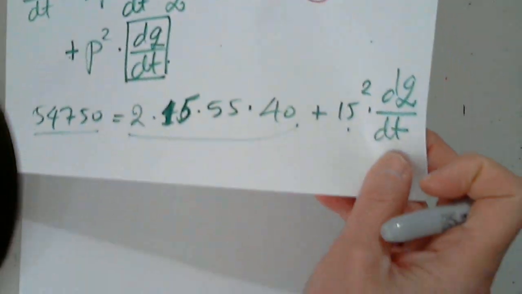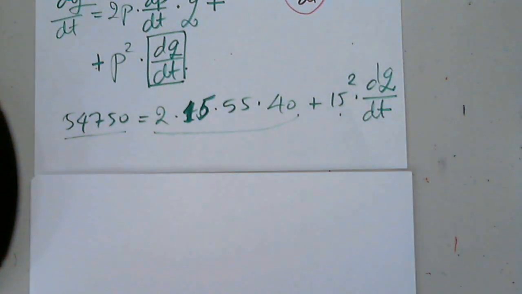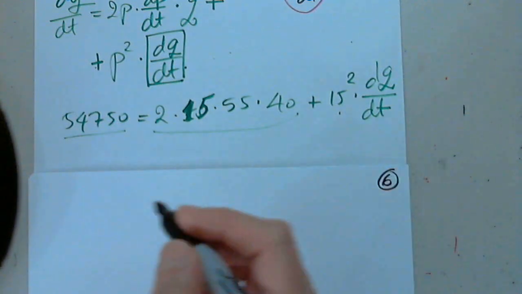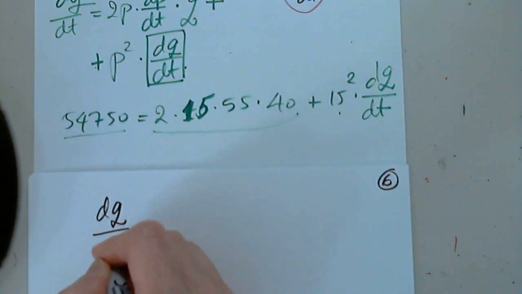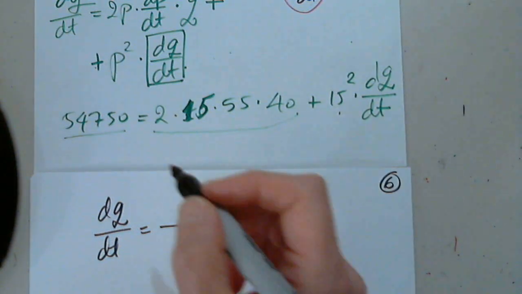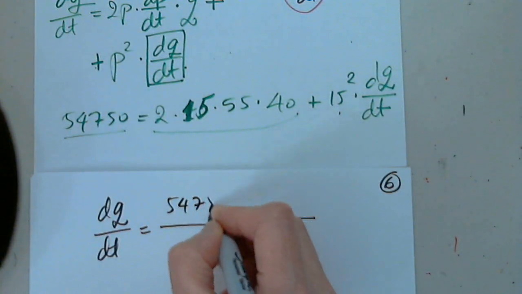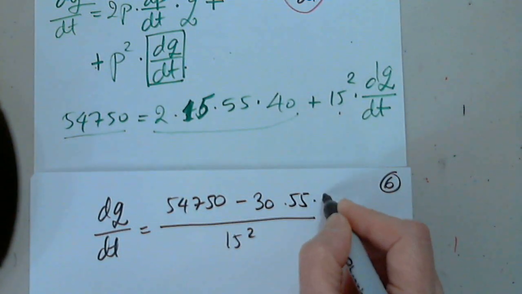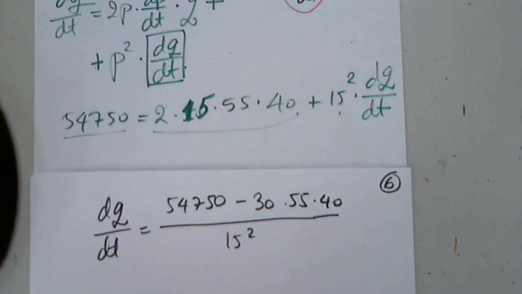And that's it. As I said, the second half is always just algebra. So dq over dt, 15 squared in the denominator, 54750 minus 30 times 55 times 40.